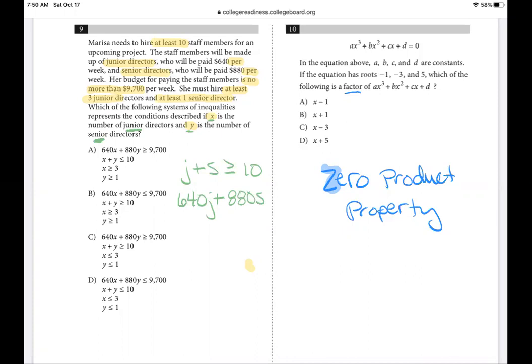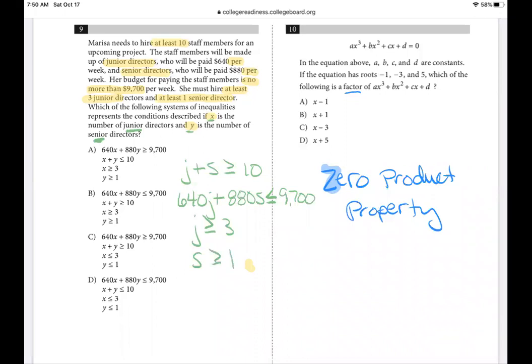But her budget is no more than, so no more than would be less than or equal to $9,700 per week. And then we have other restrictions, at least 3 junior. So at least means greater than or equal to 3, and at least 1 senior director. So for senior director, greater than or equal to 1.